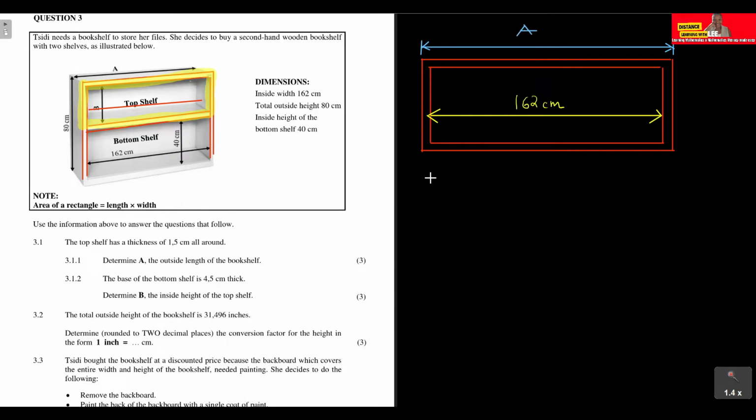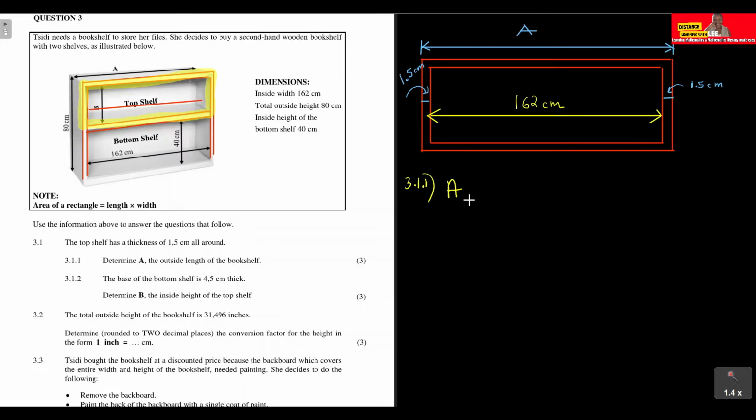Remember, we were told that the thickness around our bookshelf is 1.5 centimeters. So that thickness there is 1.5, and that thickness there is 1.5. For us to get A, what do we need to do? You basically add.